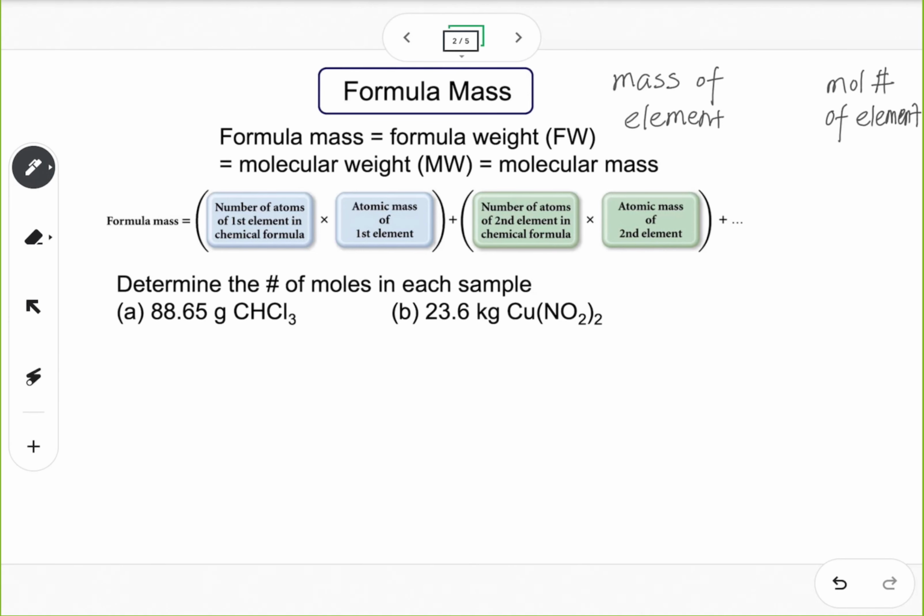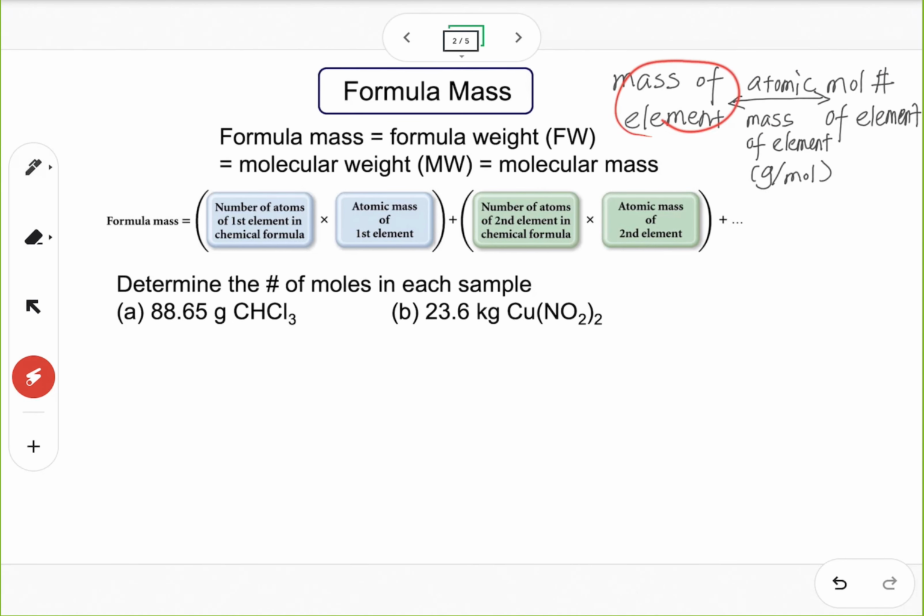Between these two, the bridge is the atomic mass of the element. The unit is gram per mole or AMU. It's up to you which one you want to use. In this conversion, we use atomic mass to identify either the mass of the elements or the mole number of the elements if you know the other one.